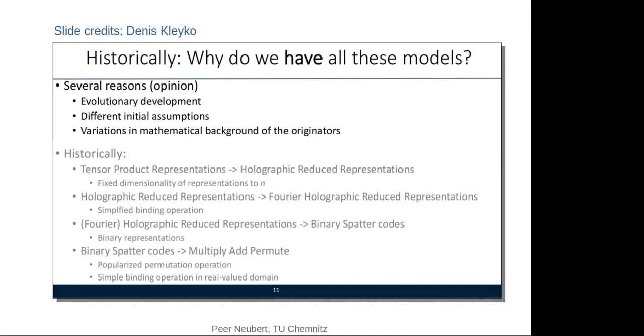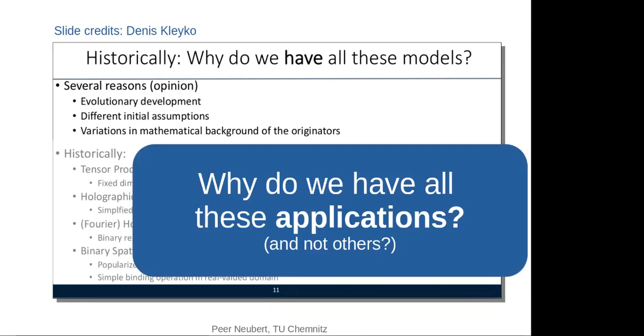But I also think there is a second very similar question that we can and should think about, namely, why do we have all these applications? And particularly in the sense, why do we have these applications and not other applications for VSAs?